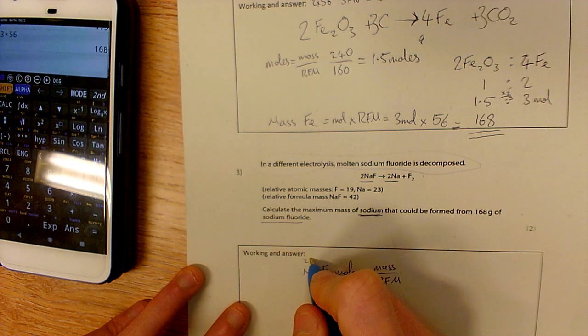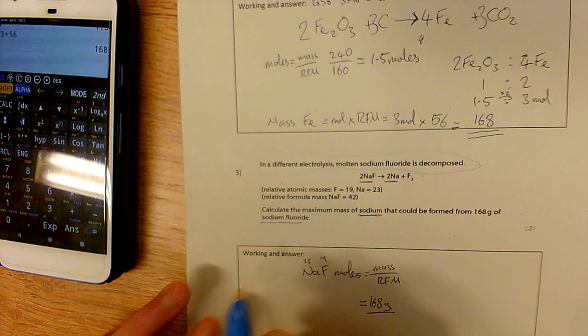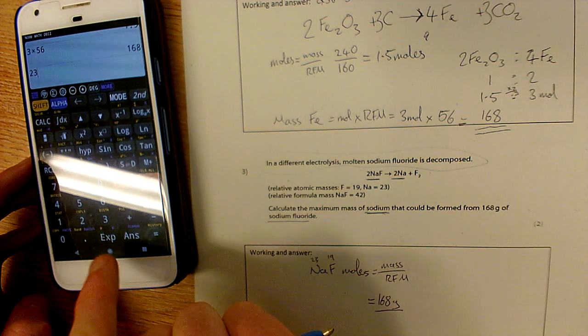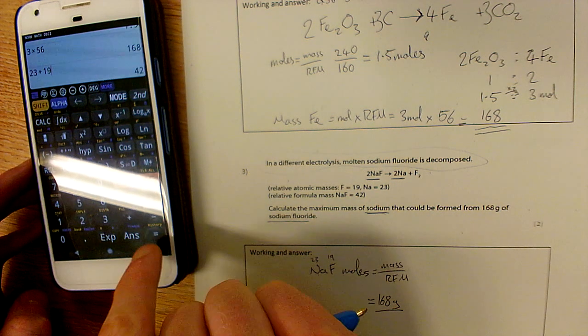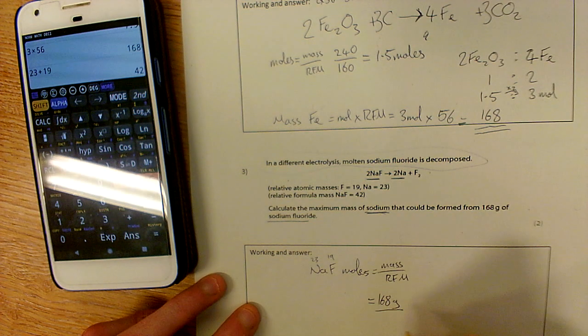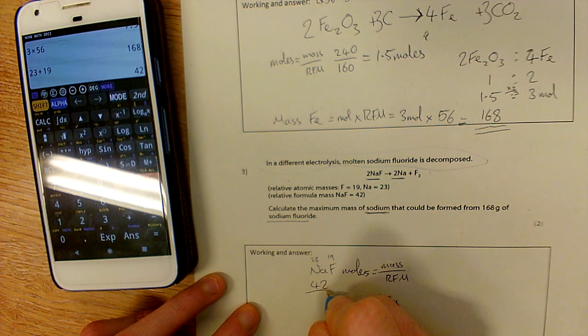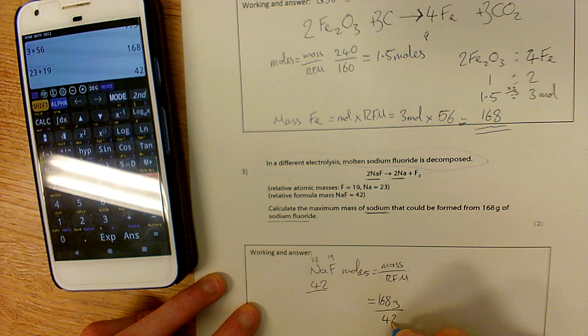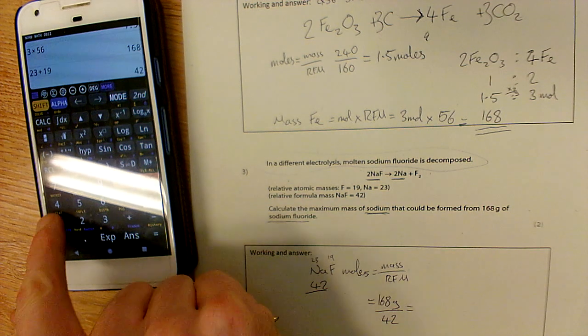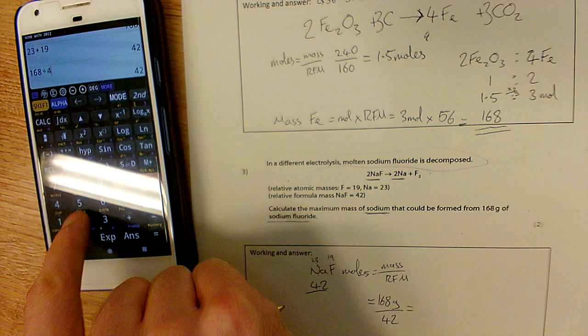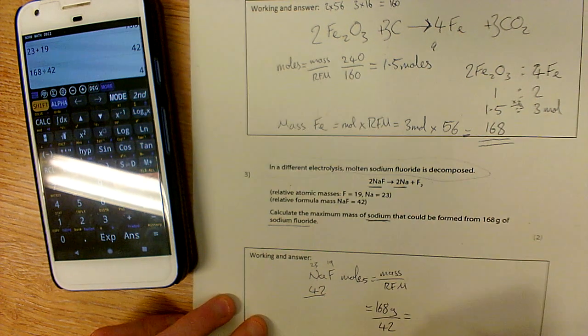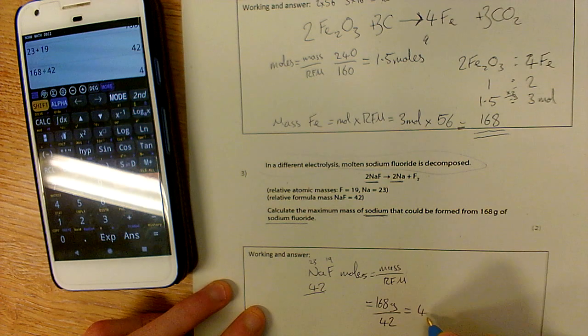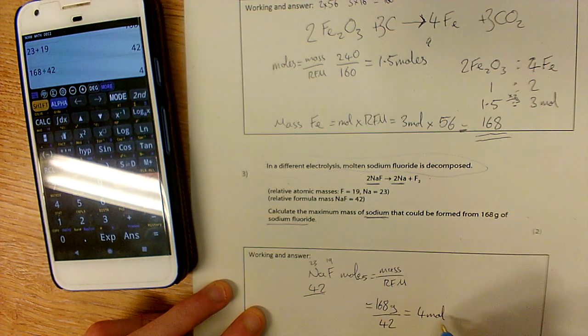So sodium is 23, fluorine is 19. 23 plus 19 is 42. So 168 divided by 42 gives me 4. So that's 4 moles of sodium fluoride.